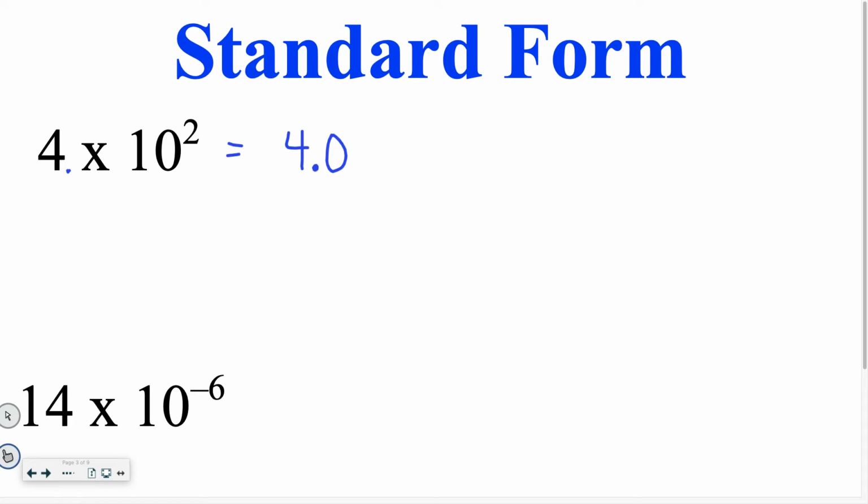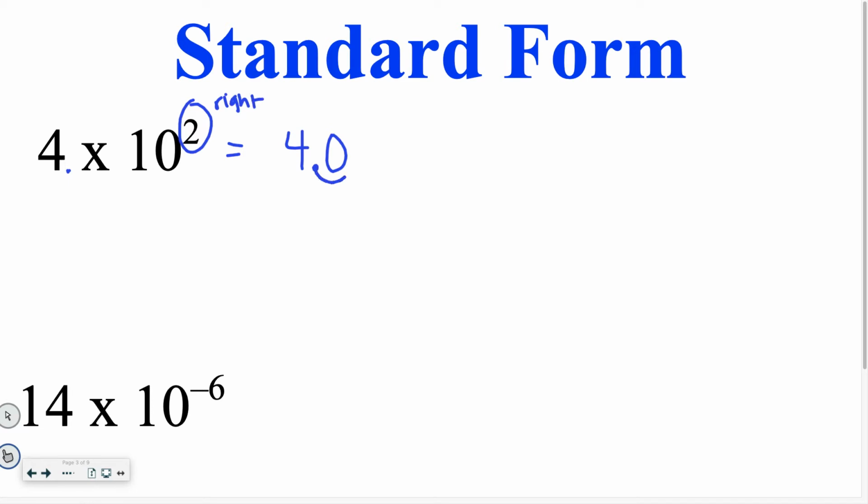So 4.0. Now, this 2, when it is positive, you're going from scientific notation to standard form. When it's positive, you are going to move your decimal place that many units to the right.